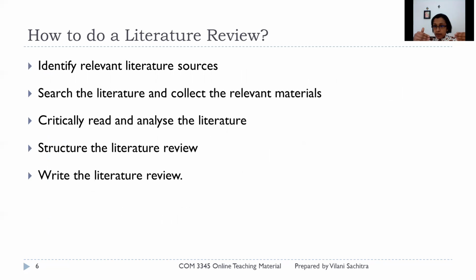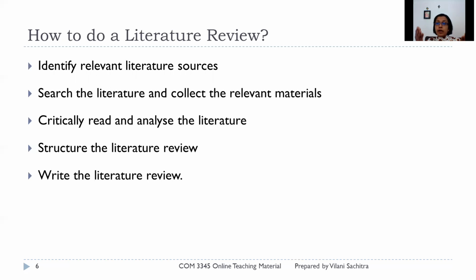Now we already know what a literature is, and now we understand what literature review means, right? So literature means the collection of prior studies relevant to your research area. And literature review means you critically read and analyze what prior studies have been done, right?